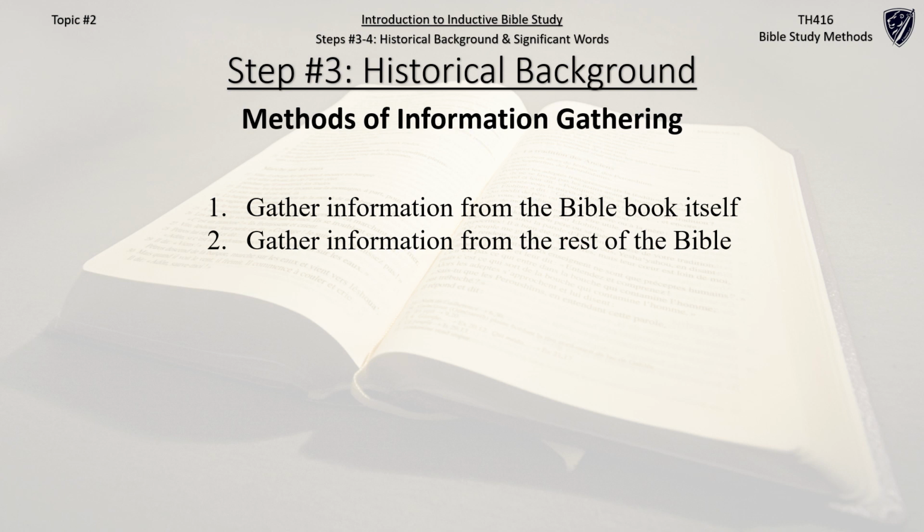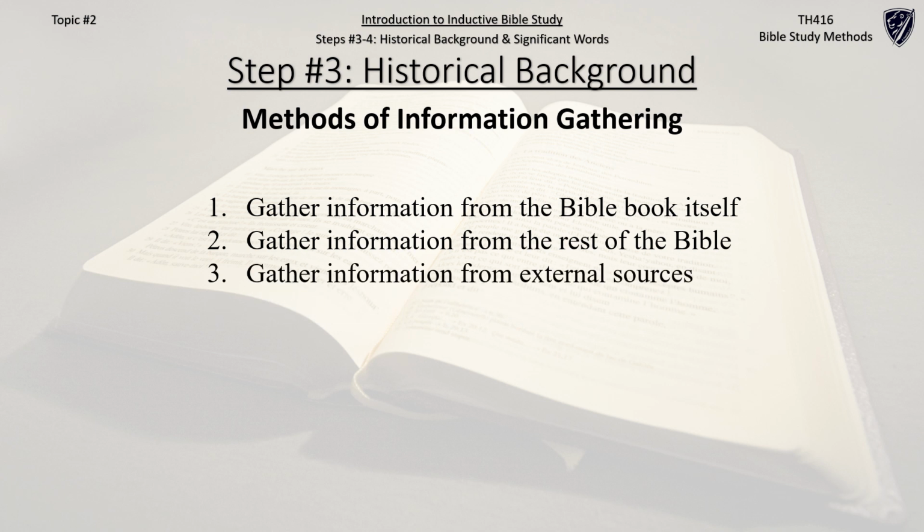For example, the books of Haggai and Zechariah, if you want background information for that, you're going to have to look at the book of Ezra, as that gives the historical context for those two prophetic books. And so you need to figure out from the rest of the Bible what helps you understand the background of that book. So that's step number 2.